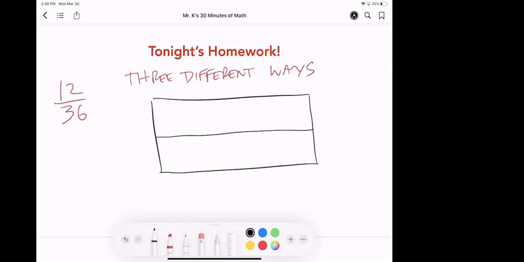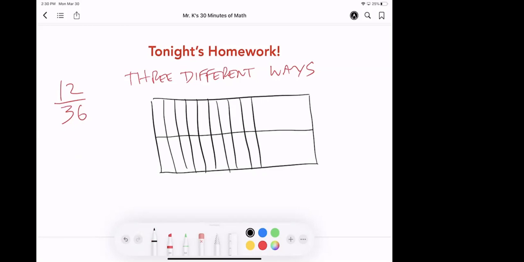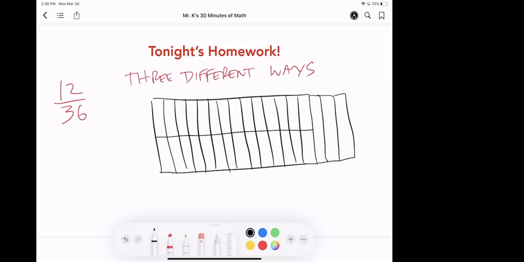So that means I'm going to need 18 columns. 1, 2, 3, 4, 5, 6, 7, 8, 9, 10, 11, 12, 13, 14, 15, 16, 17, 18. All right. That means we have 36 pieces here, and 12 of them are shaded. 1, 2, 3, 4, 5, 6, 7, 8, 9, 10, 11, 12.